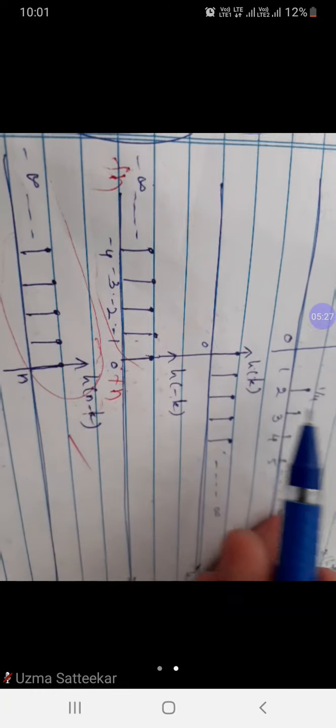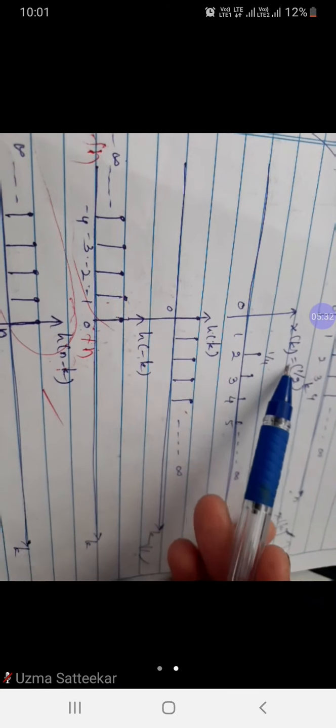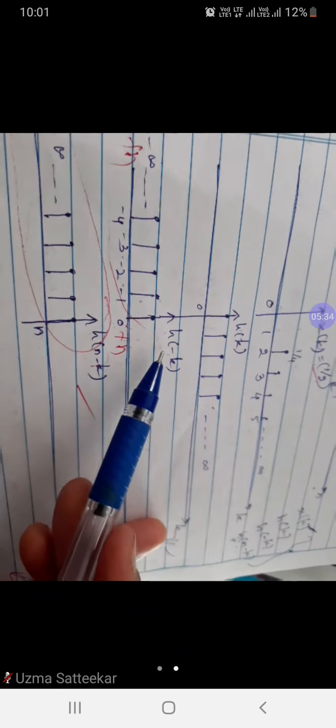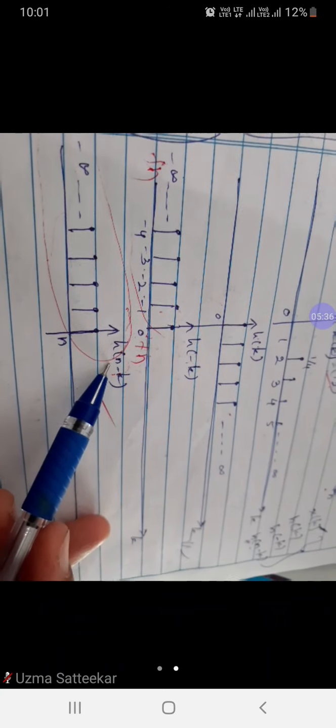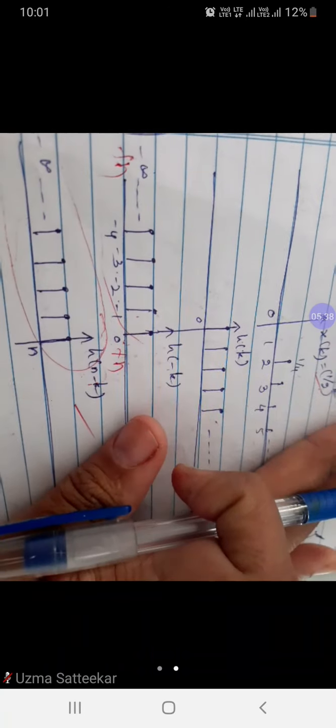So this is the second procedure. We need to go for drawing of x of k, h of k, h of minus k, h of n minus k. After this much procedure is over, now let us go for different time range evaluations for the overlapping.